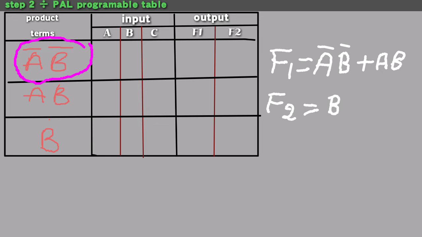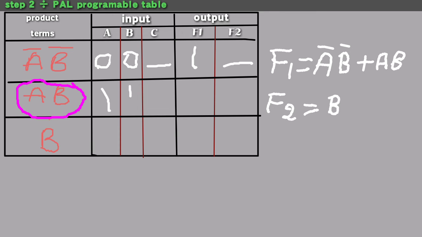On the input side, A and B or their complements are given and C is not given, so it can be written as 0 0 dash. A bar B bar is in F1, so on the output side we give 1 and dash. The second product term is AB. On the input side AB is given and C is not given, so we write 1 1 dash.